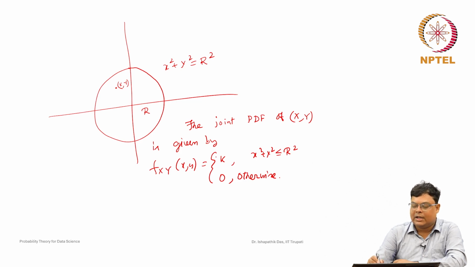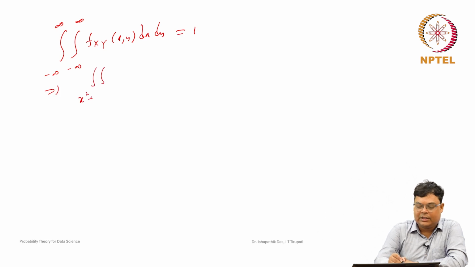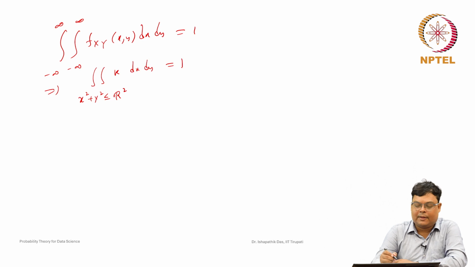The second condition is that if you take the integration over the region, minus infinity to plus infinity over R2, then that has to be 1. Now, this will be non-zero inside the circle. So, basically this is nothing but the integration over x square plus y square less than or equal to r square of k dx dy, and this is equal to 1.